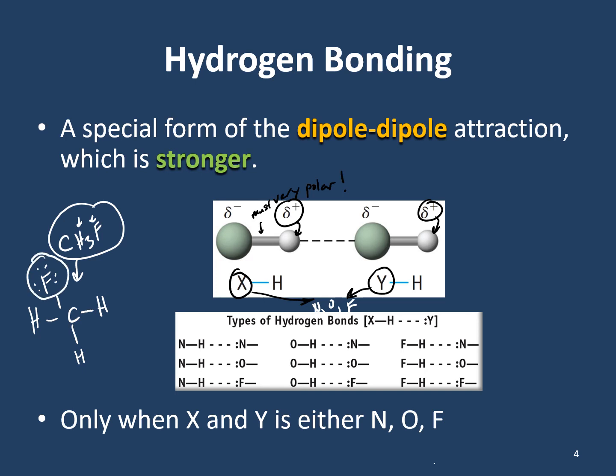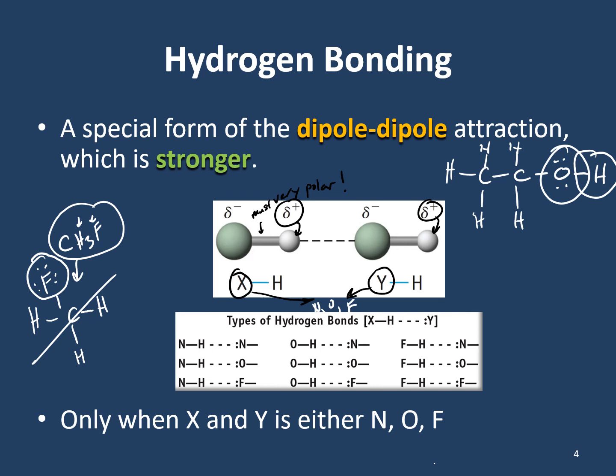There is no hydrogen attached to the fluorine, and therefore there is no hydrogen bonding in this molecule. Whereas if you have something like this, ethanol, for instance, we have a hydrogen directly bonded to the oxygen. We can have hydrogen bonding here.